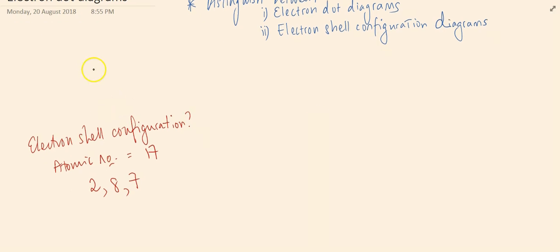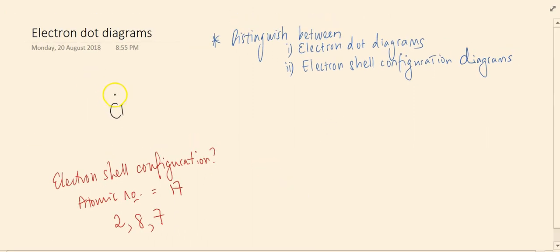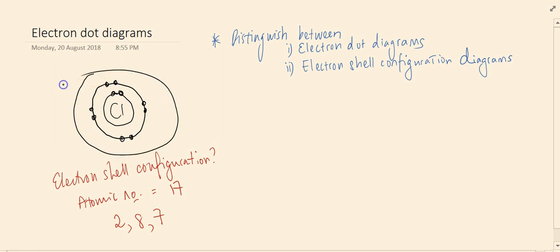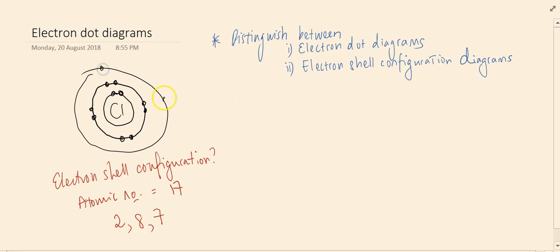then the electron shell diagram for chlorine will be: the first shell here is 2 electrons, the second shell here has 1, 2, 3, 4, 5, 6, 7, 8 electrons, and the third shell has 1, 2, 3, 4, 5, 6, 7 electrons.